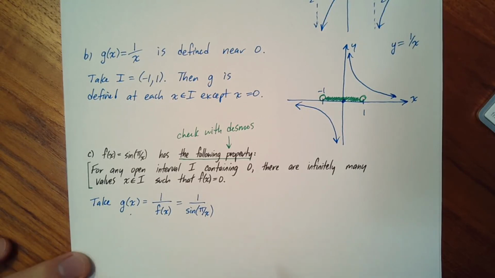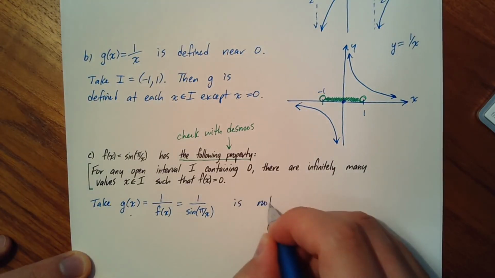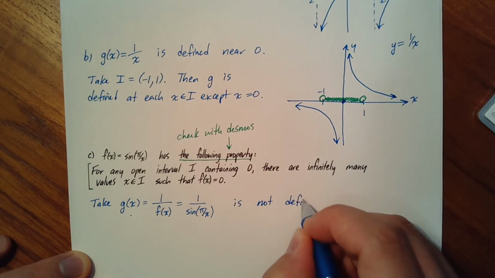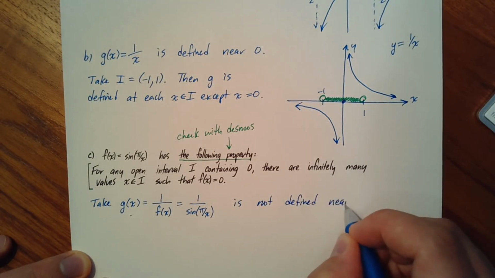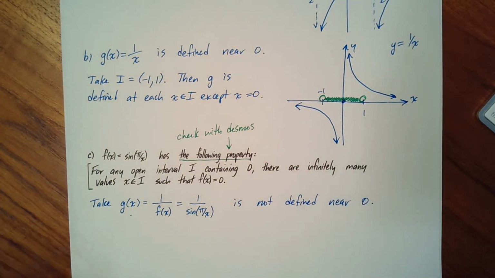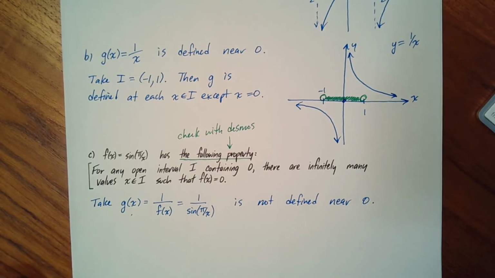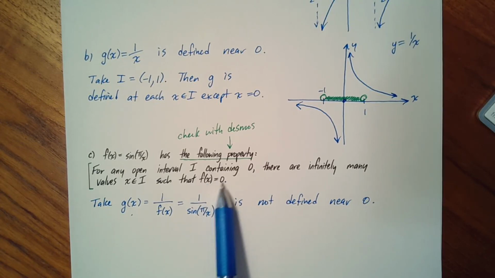So this function is not defined near 0. And the reason is because any interval containing 0 is going to contain infinitely many points such that f of x is equal to 0. Or in other words, it's going to contain infinitely many points x such that g of x is undefined.